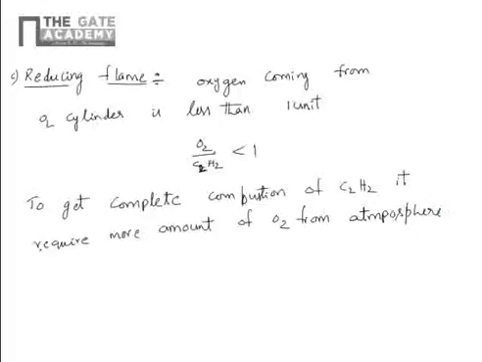To get more oxygen from the atmosphere, the flame has to travel more than n distance. So it may be 2n, 3n. Let's take 2n.